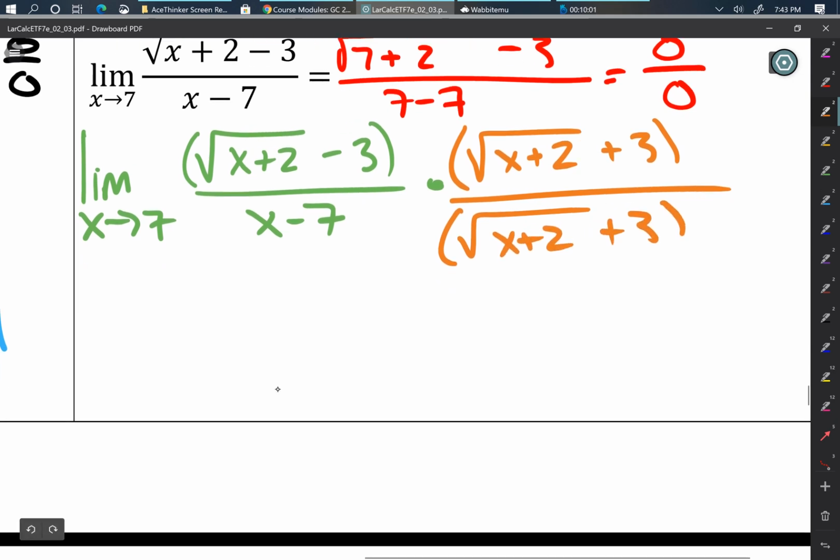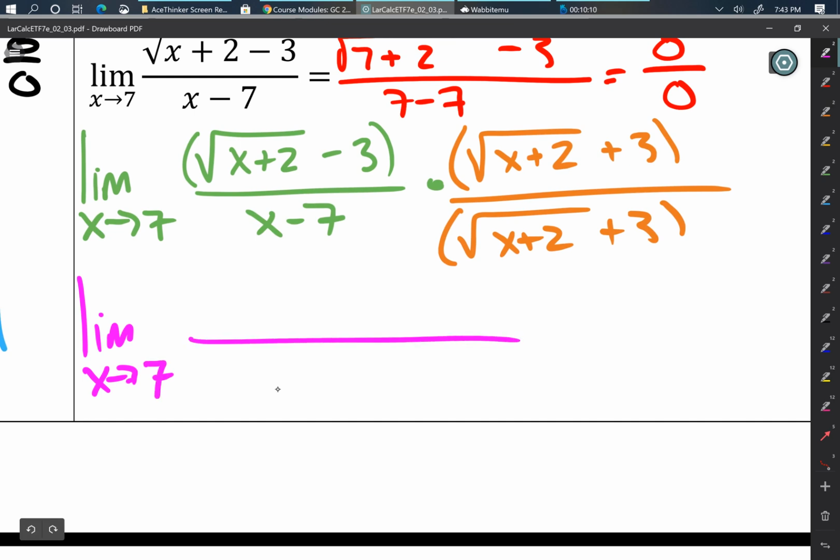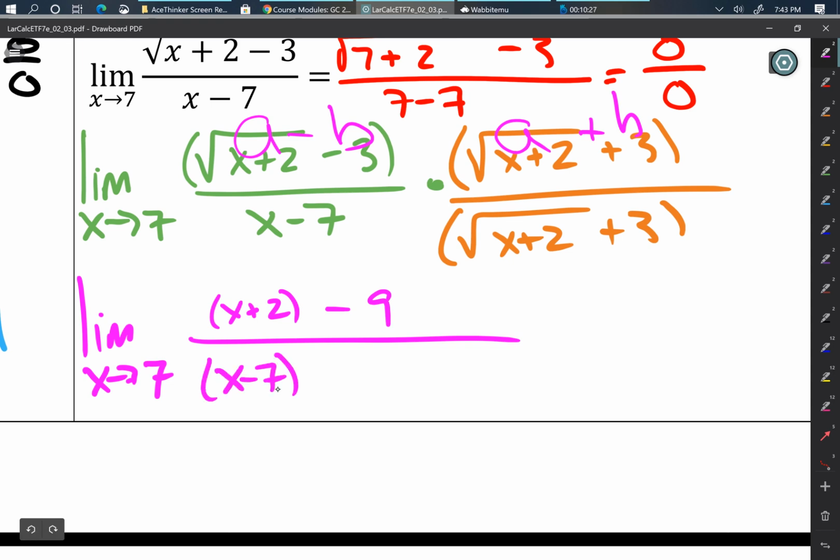When I multiply by the conjugate of the numerator, I get the limit as x approaches 7 of, this is essentially a minus b times a plus b, difference of squares, a squared minus b squared. So we're going to get x plus 2 minus 9 over x minus 7 times the square root of x plus 2 plus 3.